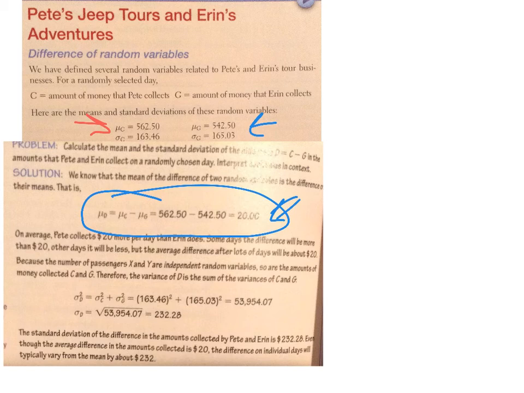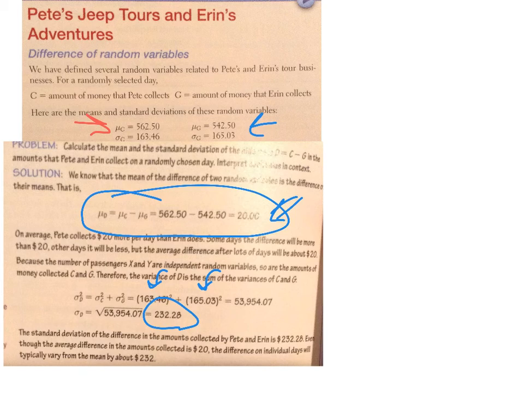Because these are independent random variables, I can calculate the variance and the standard deviation. Remember, even though I am subtracting the two variables, my variance is still the sum of the two. So I square my two standard deviations, add them, and then take the square root, getting a standard deviation of 232.28.